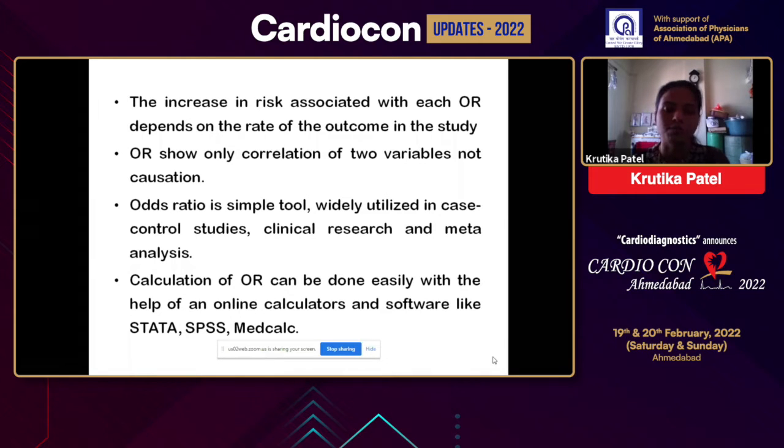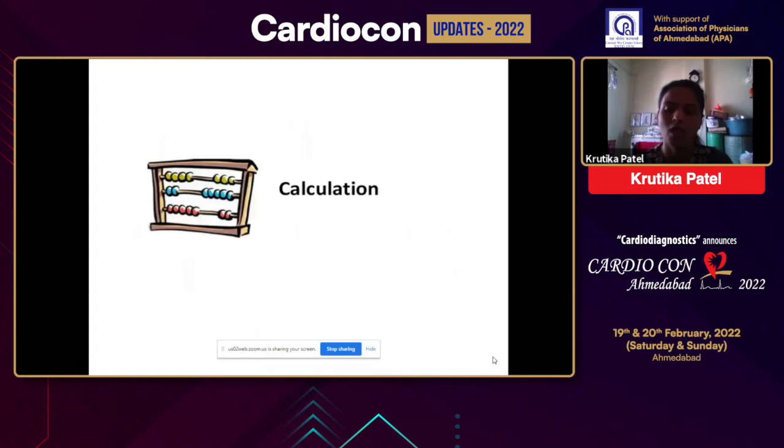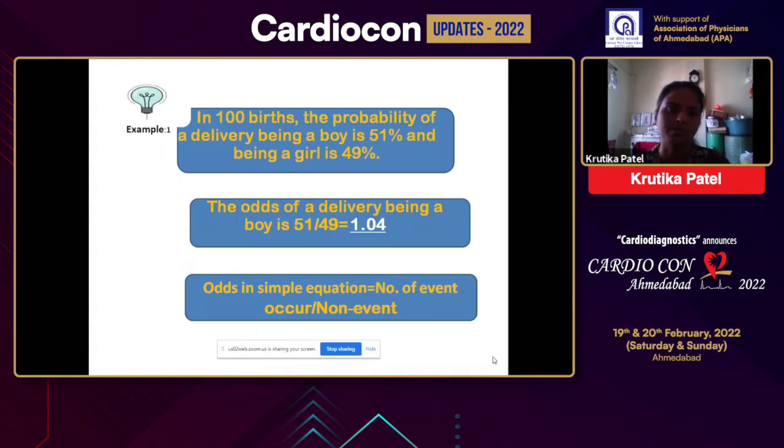Odds ratio is a simple tool widely utilized in case control studies, clinical research, and meta-analysis. Calculations of odds can be done easily with the help of online calculators and software like SPSS, Stata, and MedCalc. I can show you some calculations of odds.